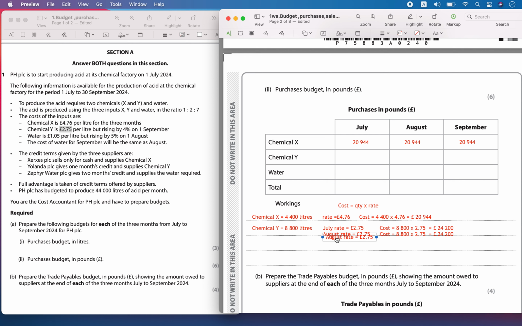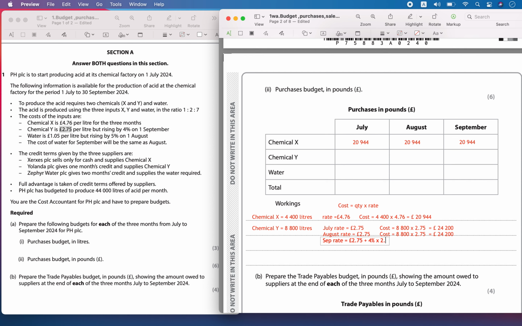Then for the September, for the chemical Y, the rate is going to increase by 4%.